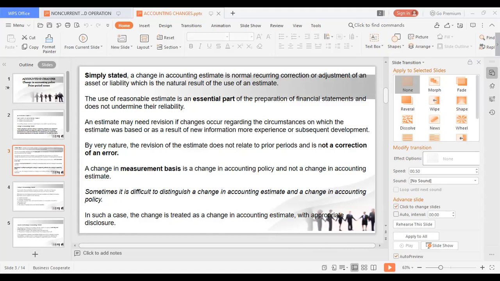So the corresponding entries for 9-13: debit to inventory and credit to cost of sales, retained earnings, and debit to litigation loss for 500,000. So it does not affect the retained earnings account yet.